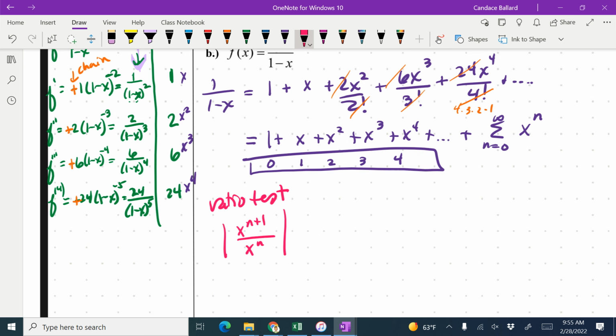And we don't have to do the flip and multiply thing. We don't have a fraction this time like we normally do. Oh, yes, thank you. I totally lost my limit. Limit as n approaches infinity. That's important, isn't it? So we've got the limit as n approaches infinity of x to the n times x over x to the n.